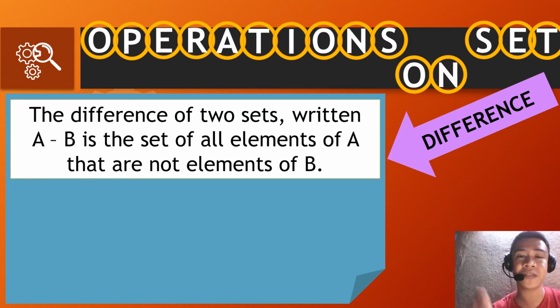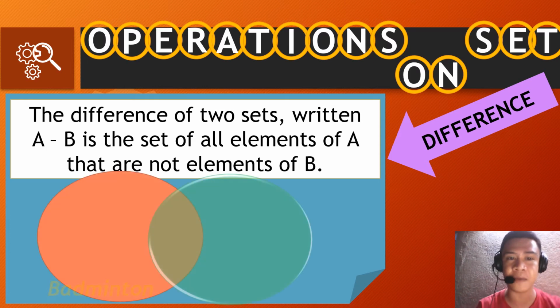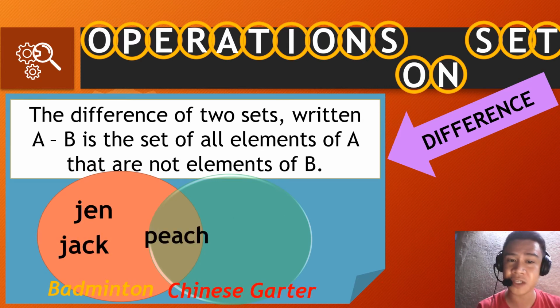The difference of two sets written A minus B is the set of all elements of A that are not elements of B. Ibig sabihin, difference of two sets is what? A minus B. That means lahat ng elements na makikita sa A na hindi makikita sa B. Kung ano lang yung makikita sa A na hindi makikita sa letter B. Okay, for example, we have your badminton Chinese Garter, the players.